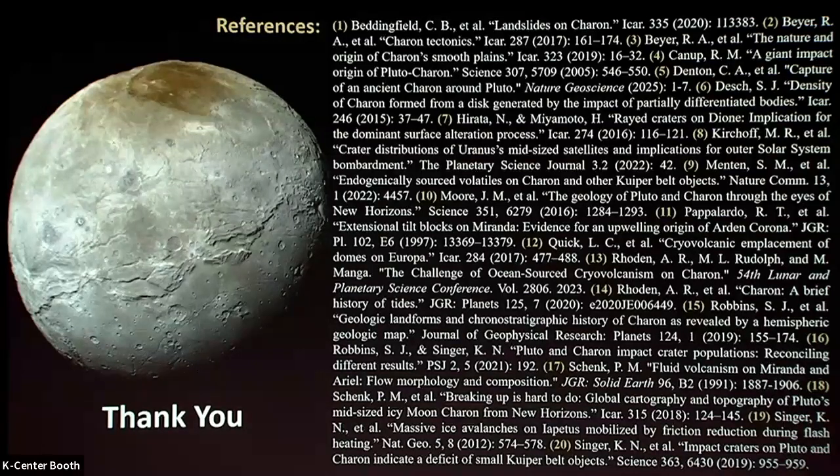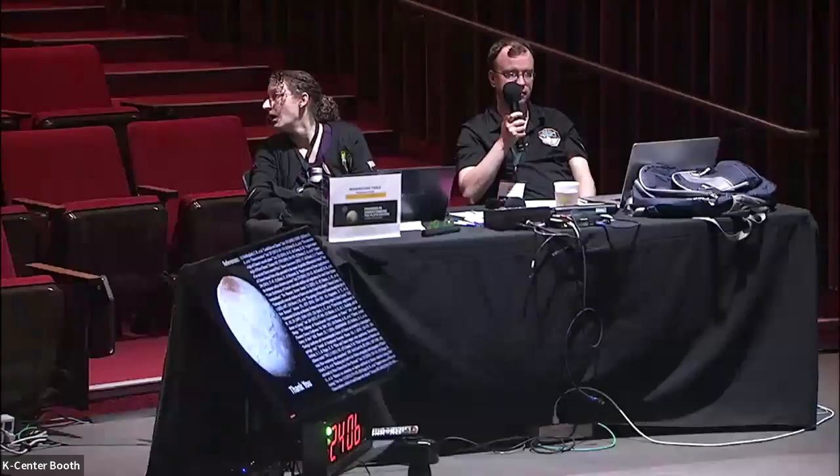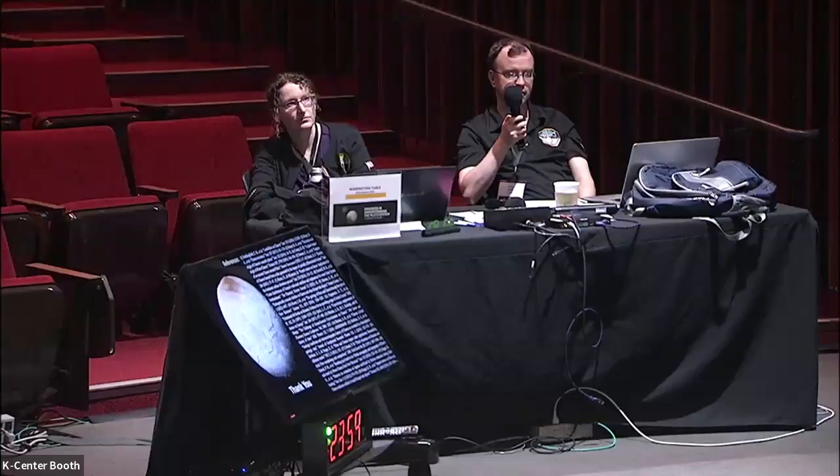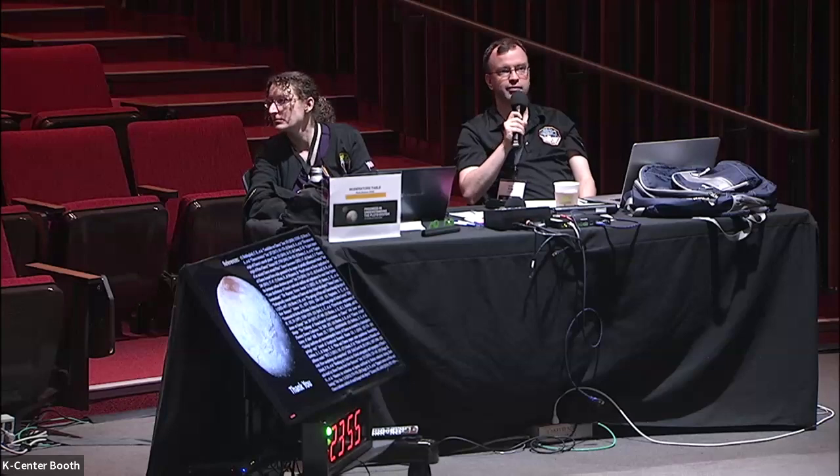I would say Ariel is in that same category with Miranda and others. The difference with Ariel is that some of the models, like from Julie Castillo's paper, suggest that you could get a longer lived ocean in Ariel than in some of these other bodies. We just don't have the same sources for everybody. Okay, thanks.